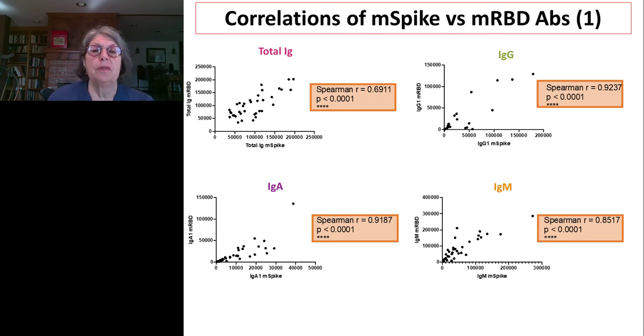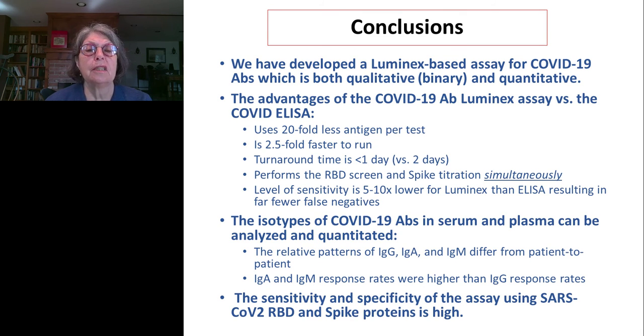Finally, let me sum up what I have told you in today's webinar. We have developed a Luminex-based assay for COVID-19 antibodies, which is both qualitative or binary, and it is quantitative. The advantages of the Luminex assay versus the ELISA assay is that it uses 20-fold less antigen per test. It can be run at least 2.5-fold faster than the ELISA itself is run.